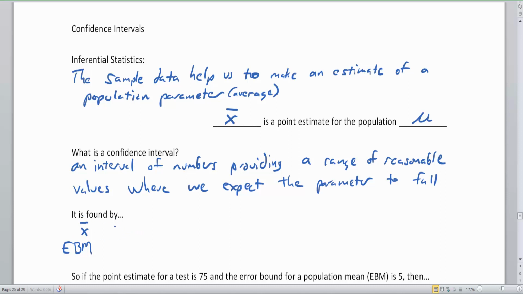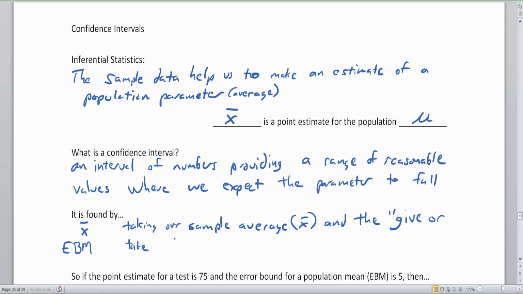The confidence interval is found by taking our sample average, also known as X bar, and this is my words here, the give or take as a margin of error, and we call that the EBM.